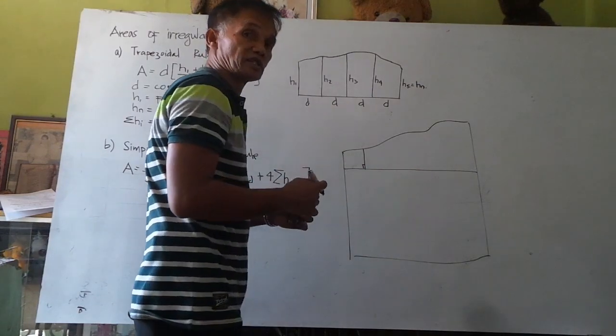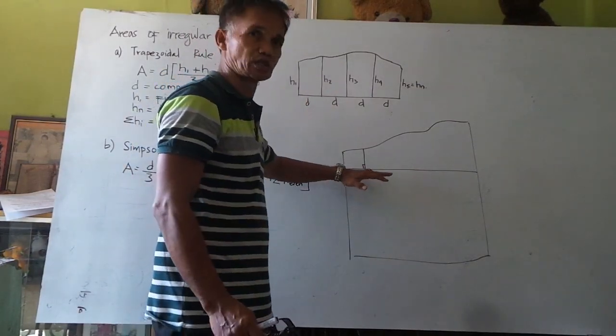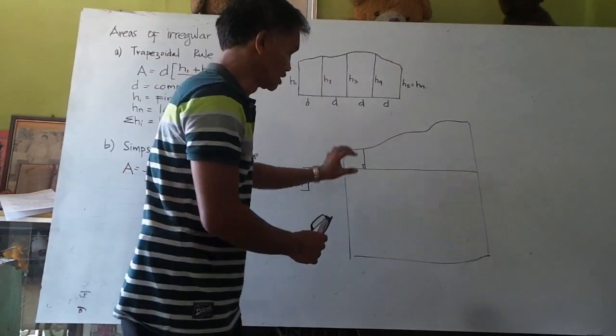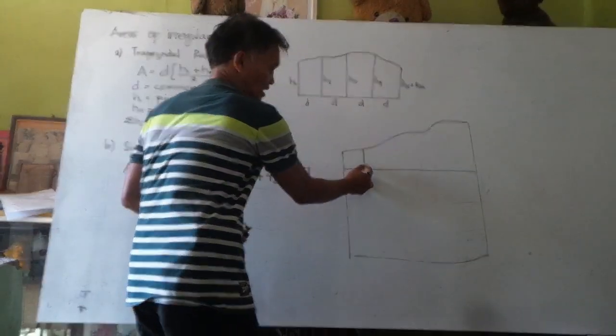When you talk about offsets, it is a distance which is perpendicular to a certain line. The line is perpendicular, at 90 degrees, straight.